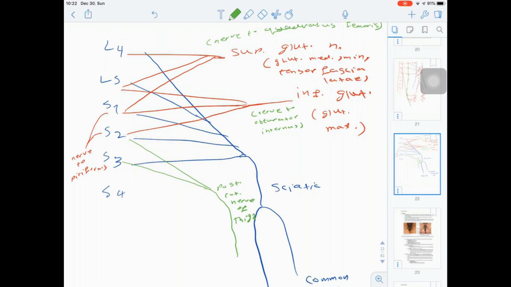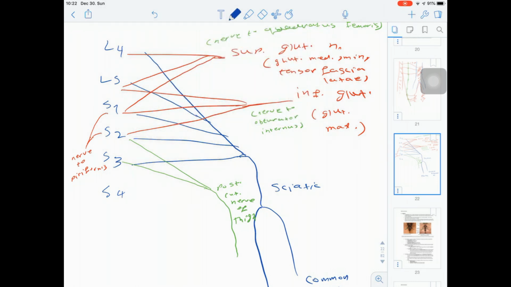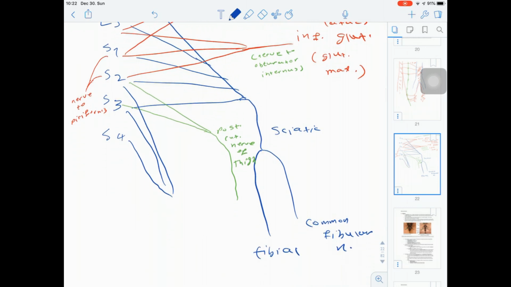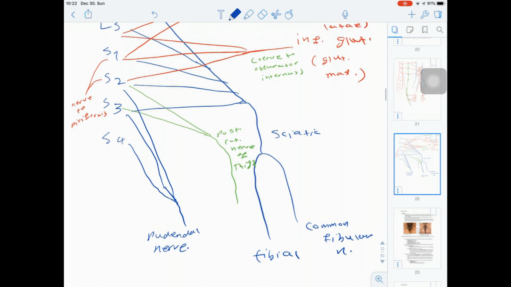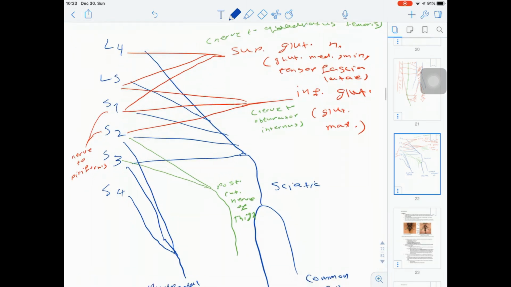And also S2, S3, and S4 are the ones that give you the pudendal nerve. So these are the major ones that you definitely should know. All right? So that's it. No more.